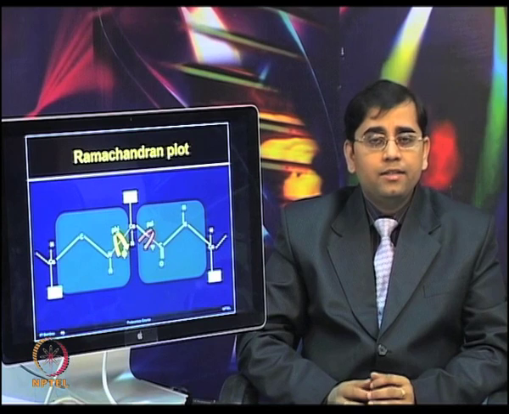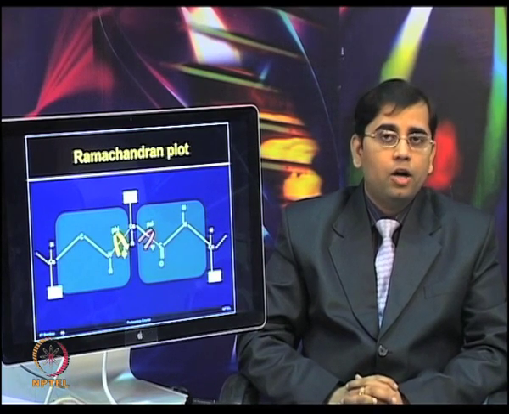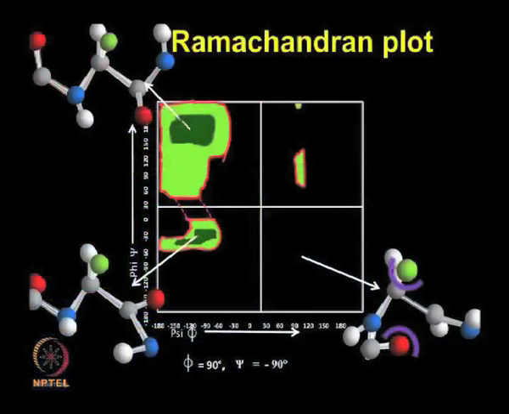Therefore, steric exclusion is a powerful governing factor for organizing such a plot. You can see it more clearly in this slide, the Ramachandran plot, where the most favorable regions are shown in dark green and less favored regions are shown in light green.